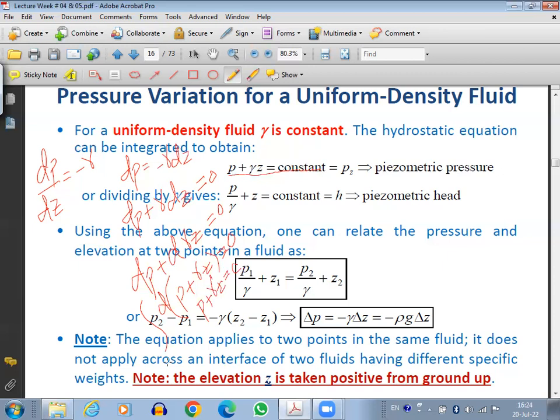Now P plus gamma z together is known as piezometric pressure. Now there are different pressures here. You have to start understanding them.